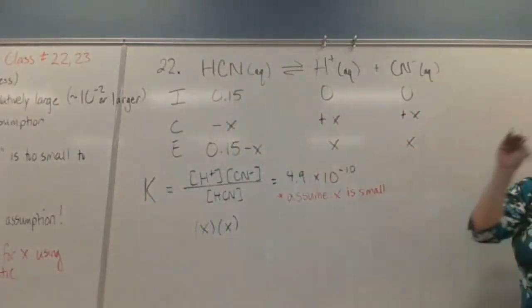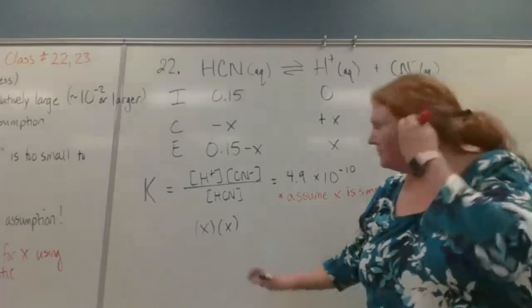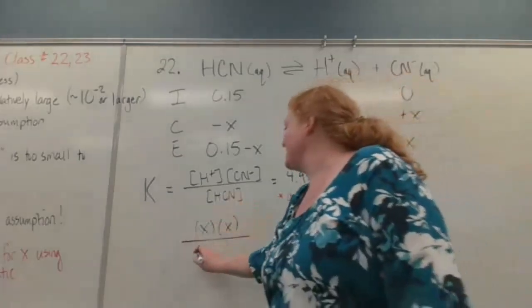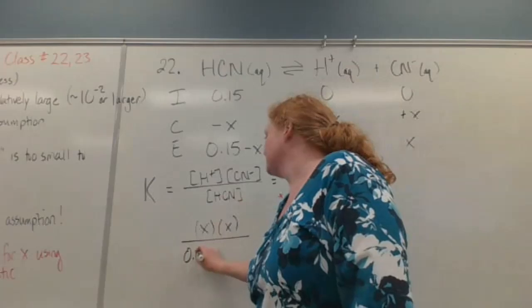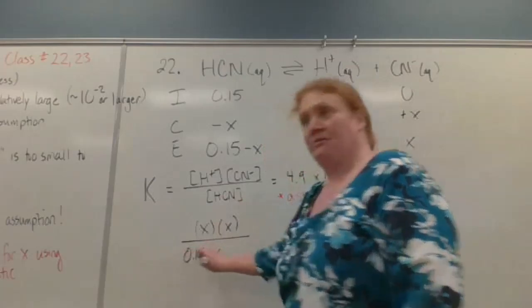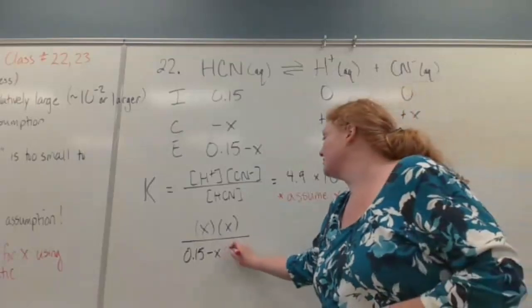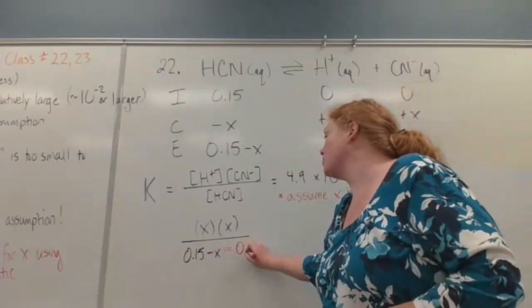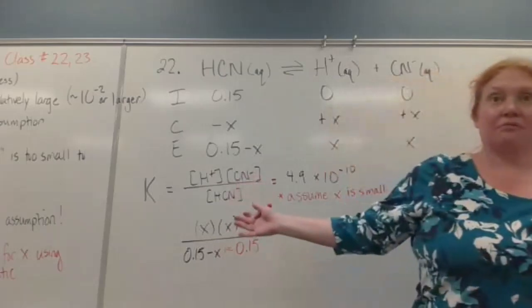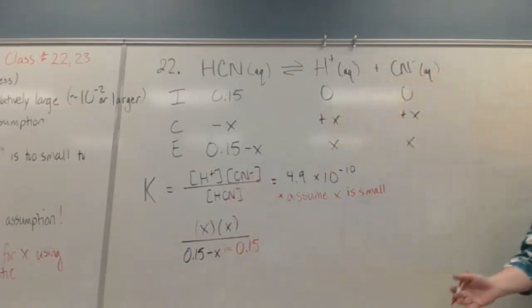These two concentrations are still x and x, right? But what I'm saying is that here, 0.15 minus x, I am assuming that that is essentially going to just be 0.15.